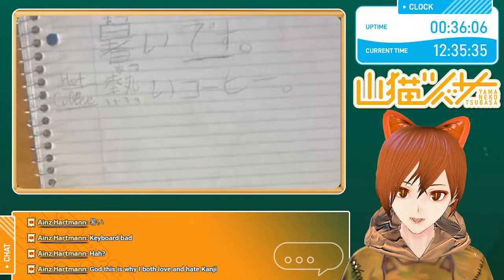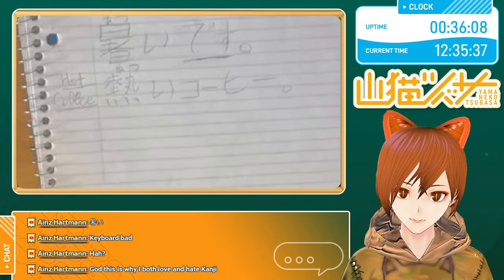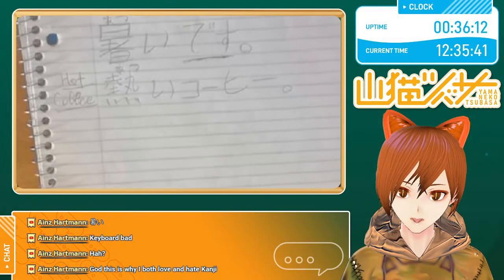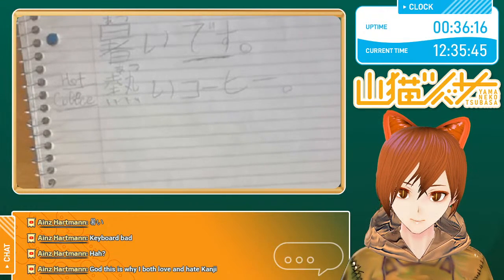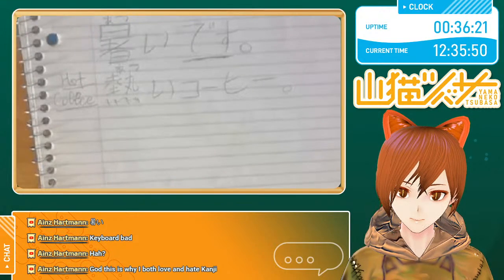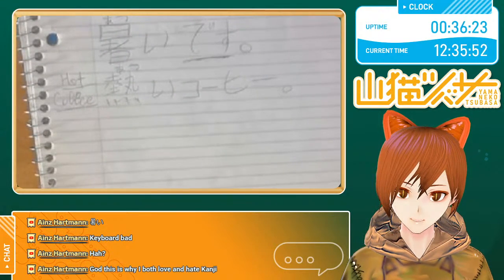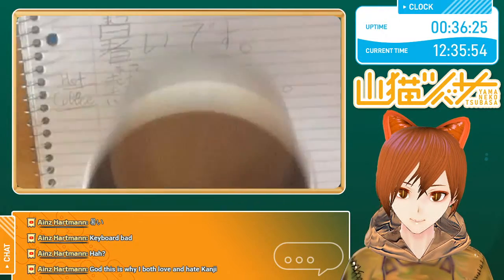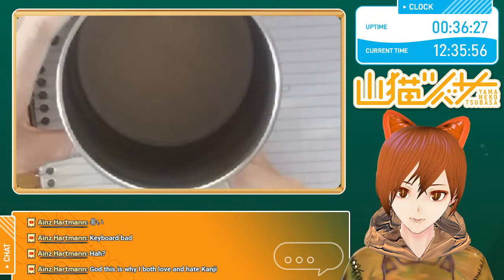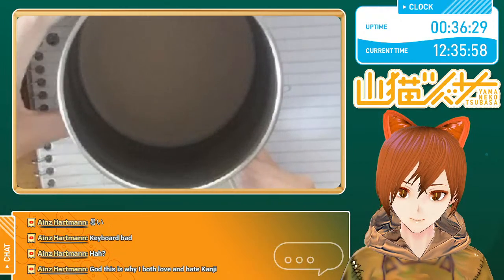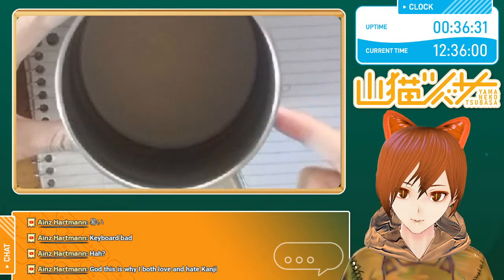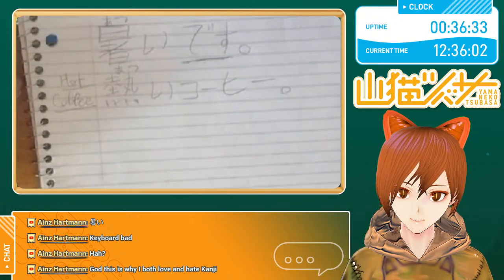Or atsui ofuro, a hot bath. Atsui ocha, hot tea. In a sentence, I mean, I guess no harm in showing this on camera, right? My coffee, kono kohi wa atsui. Not right now, anyways.